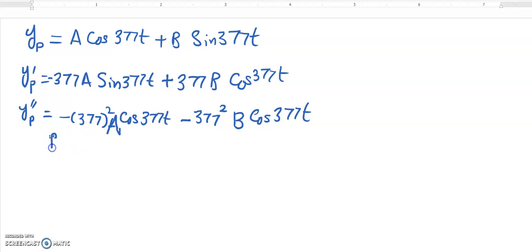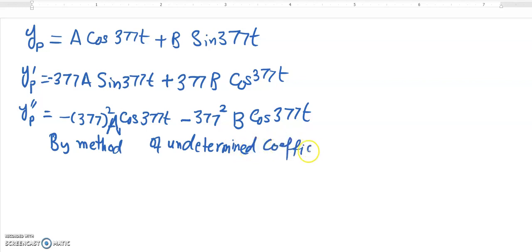So by the method of undetermined coefficients, a will be equal to minus 2.71 and b is equal to 0.796.